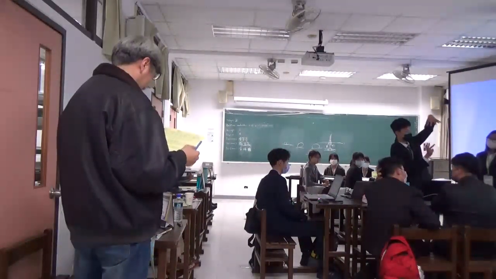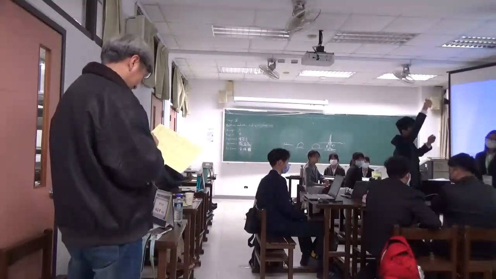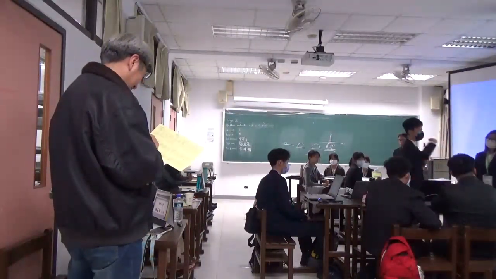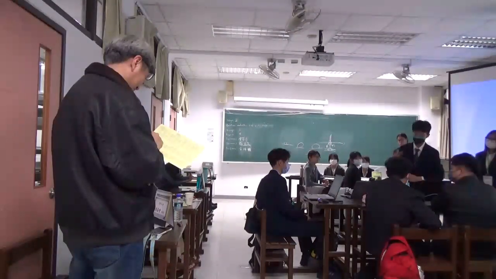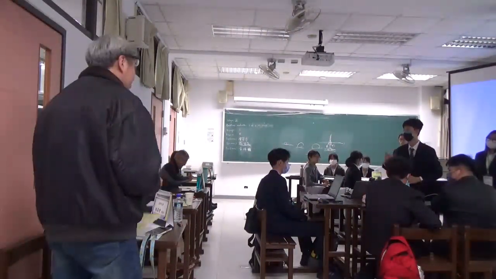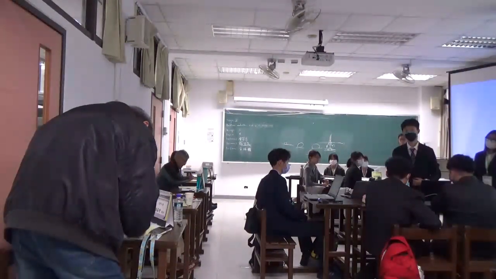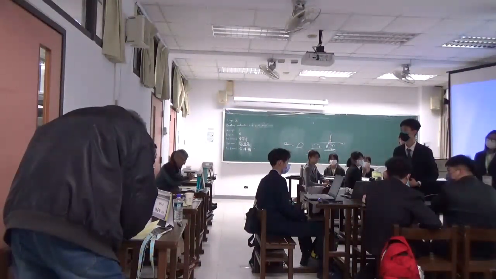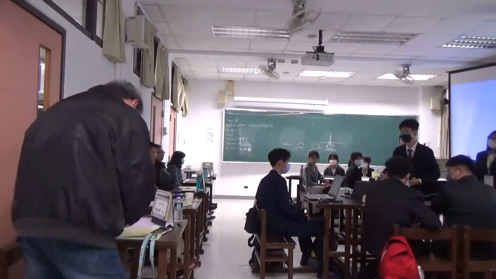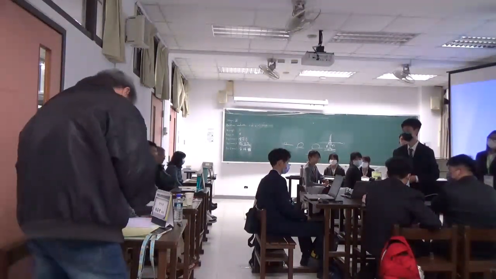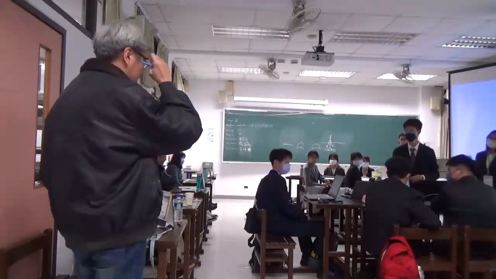If this is the droplet, we only consider this side, not this side. So if it is a sphere, we only need to say the curvature is 1 divided by the radius. If it is a sphere, but actually it won't. Okay.